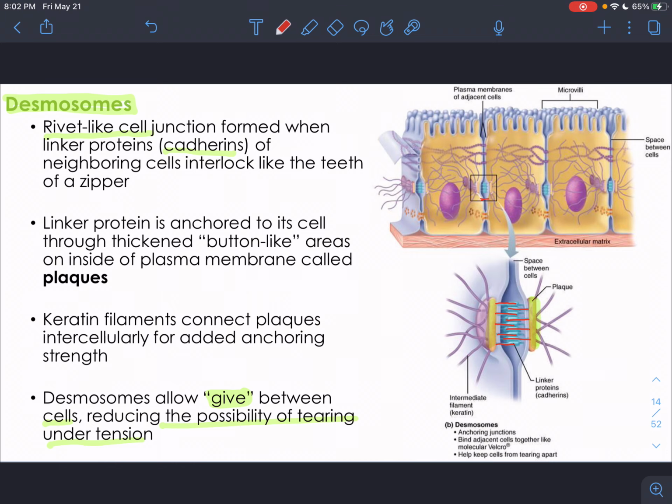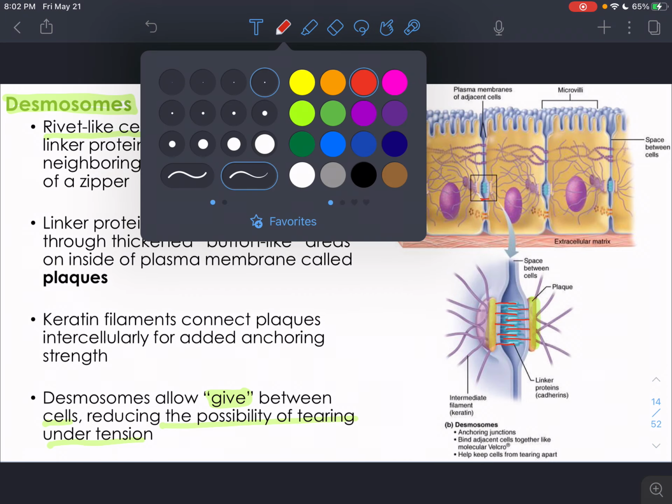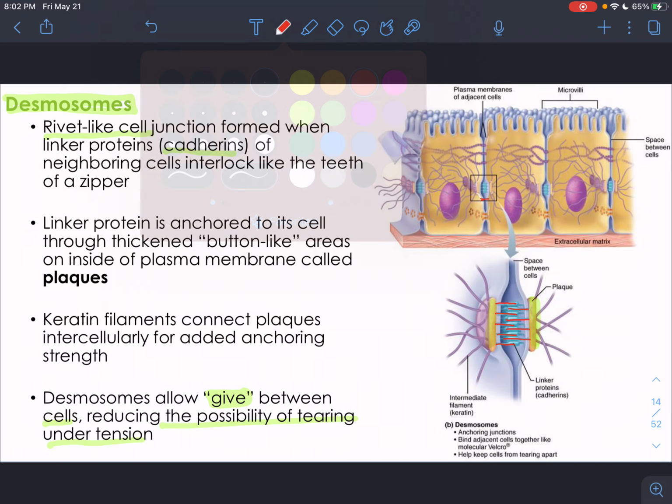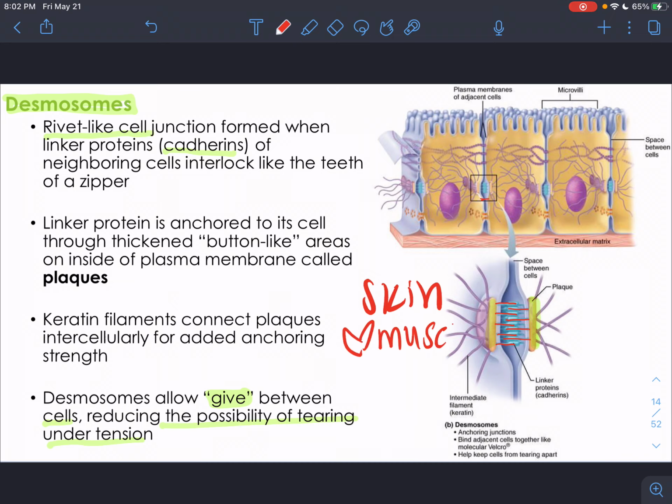Okay, so they're similar to tight junctions in that they hold the cells together, but we don't want the junctions to be too tight in areas that we have a lot of stress. So areas like our skin or our cardiac muscle, your heart muscle, right? There's going to be a lot of cells moving around and a lot of mechanical stress, right?